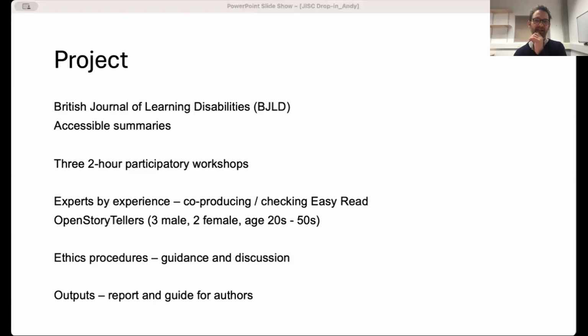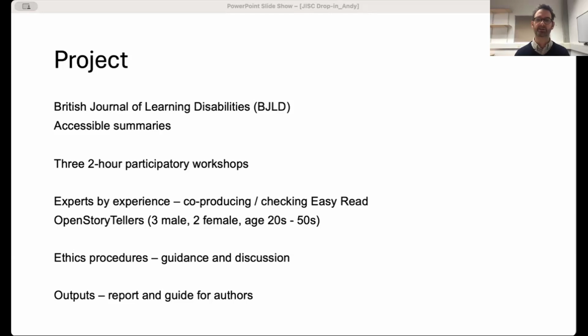So yeah, just a quick overview of the project that Katie and I conducted just last year. The British Journal of Learning Disabilities is a world-leading journal in the field, and for several years now, authors have been required to provide accessible summaries of their articles alongside the standard abstracts.